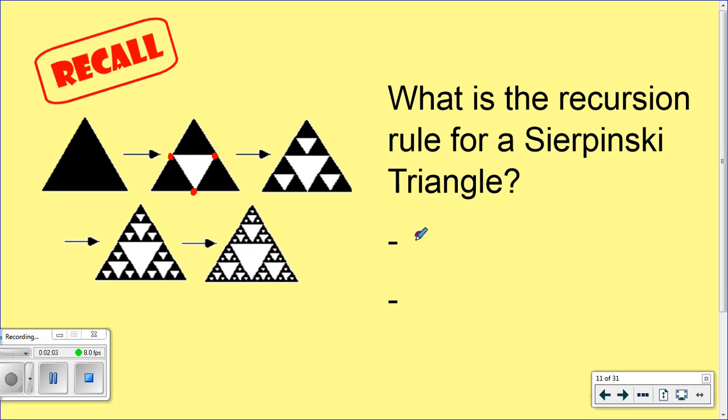Now recall that recursion rule for the Sierpinski triangle. Your Sierpinski triangle recursion rule, the S just in this case stands for Sierpinski, is we are going to create new triangles by connecting the midpoints. By connecting the midpoints of the what?